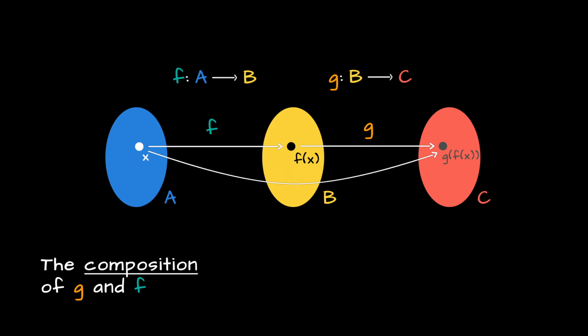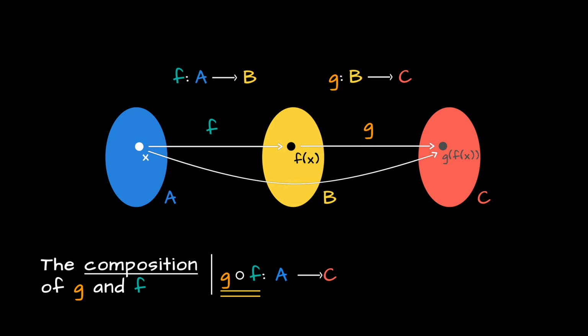And this new function is what's known as the composition of the functions g and f. The notation for this, which you'll often see written in textbooks, is to place a small circle in between the names of the function.